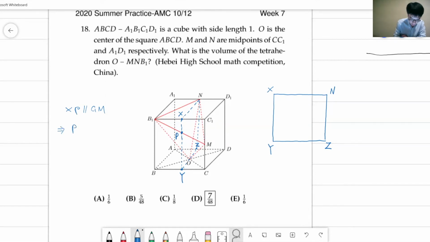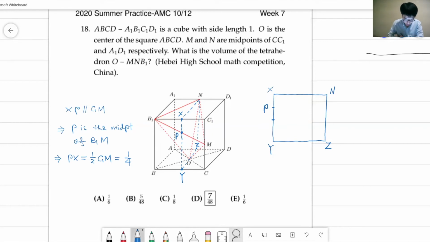And we see that PX is 1/2 of C1M, but C1M is 1/2 of C1C. So this equals 1/4. So this midpoint P is here.